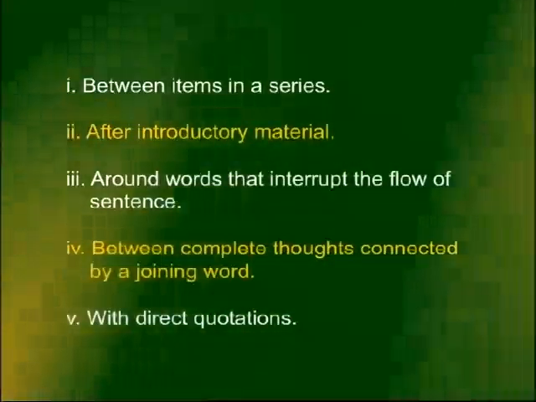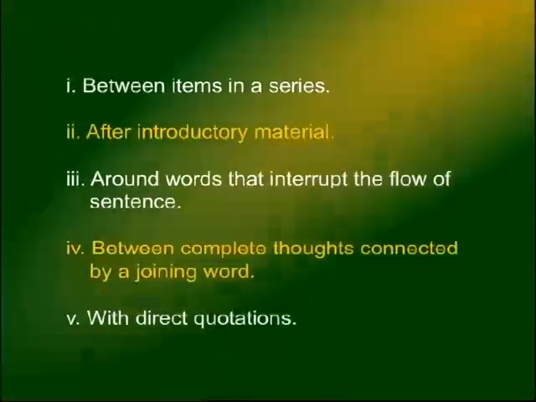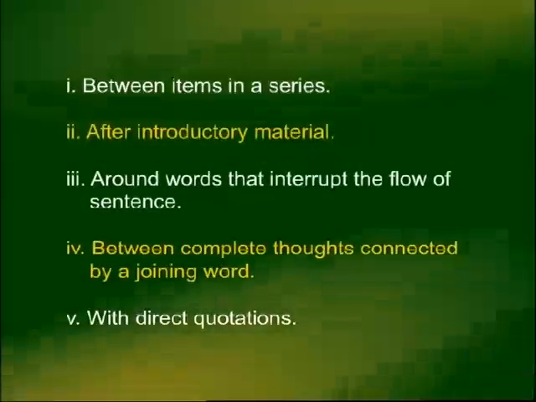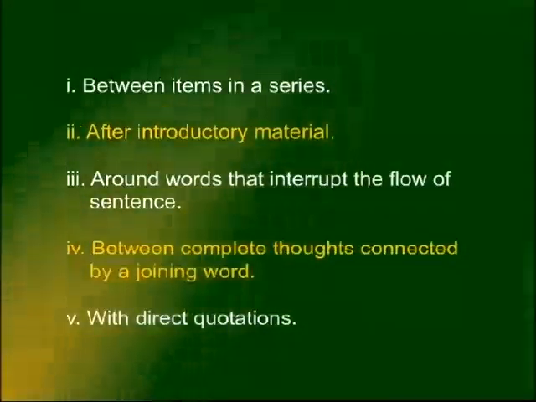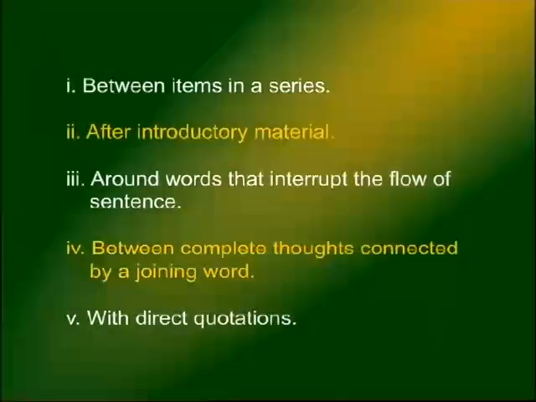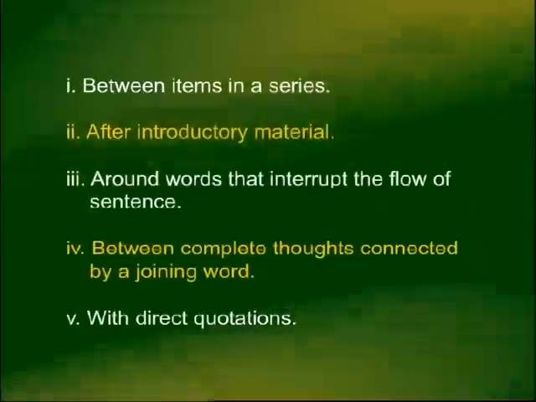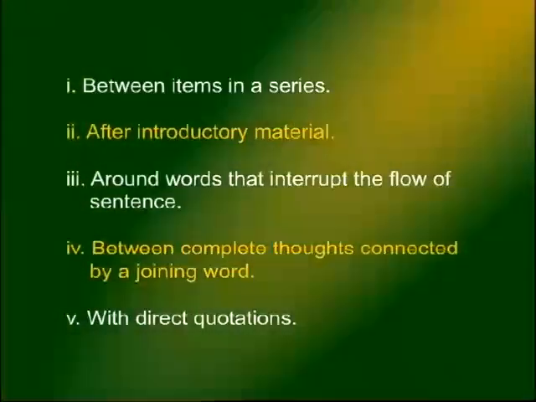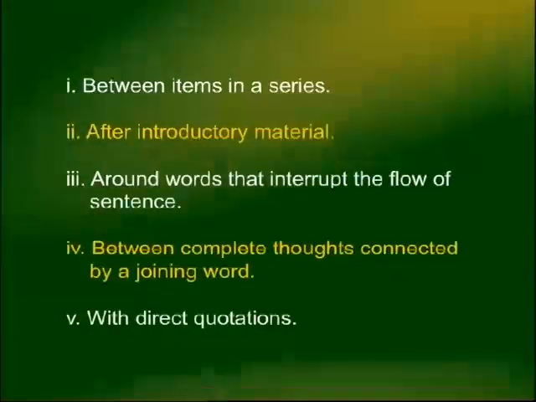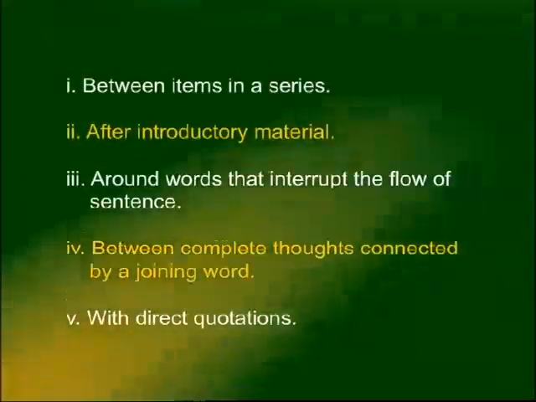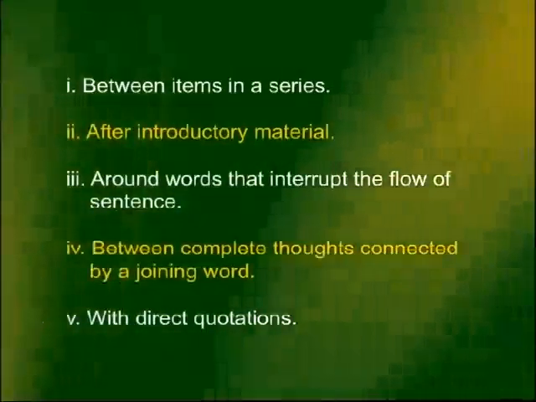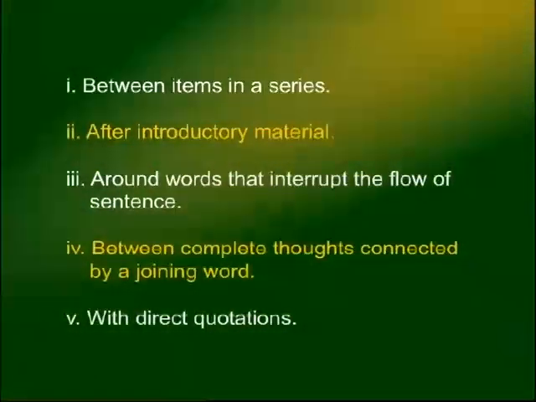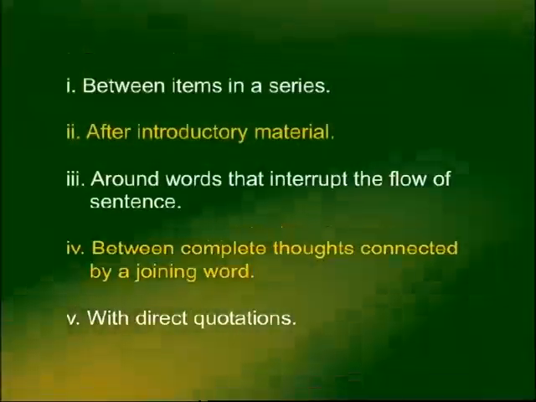Rule number 4 is that you will insert a comma between complete thoughts which are connected by a joining word or a conjunction. Words like and, but, and so. And the 5th rule is that you will use a comma to separate direct quotations from the rest of the sentence.